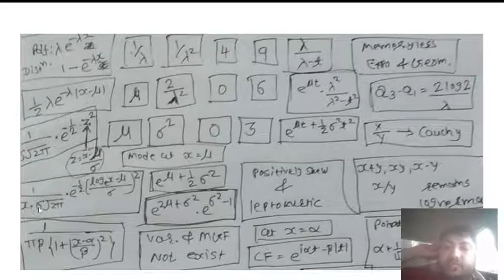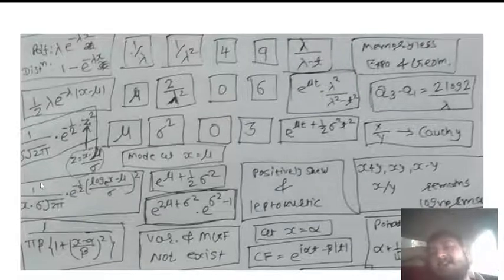Then e raised to minus 1 half, x minus mu upon sigma all square, as in the normal distribution, but in the log normal distribution just replace x with log x in the power of e. So this is the distribution function of the log normal distribution.